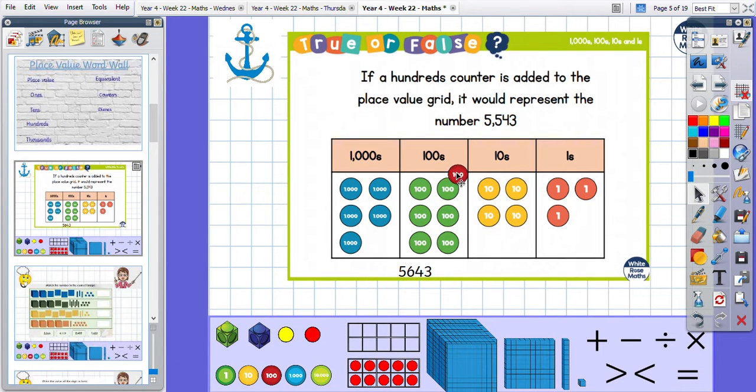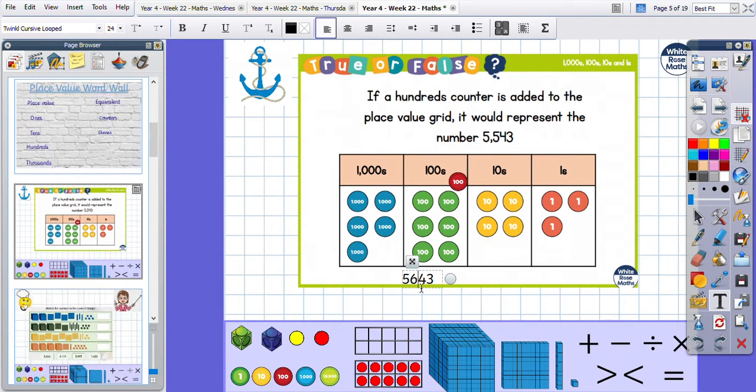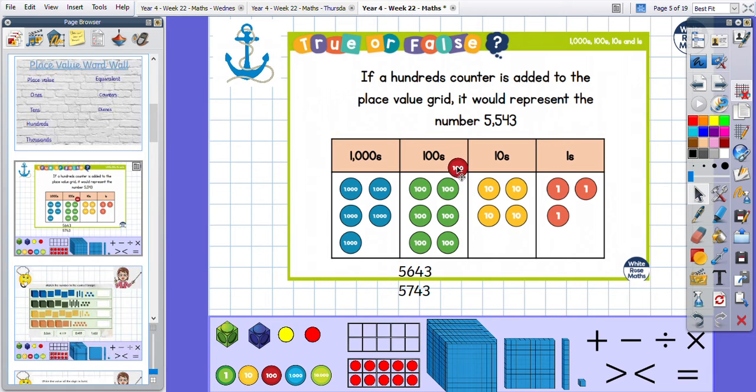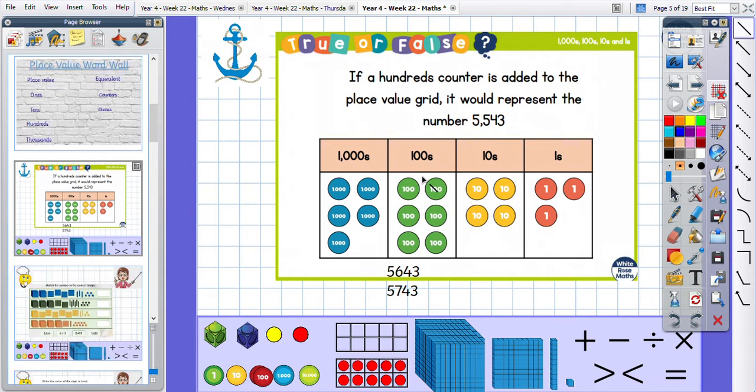So if we added another hundreds counter to this, then our hundreds column would change to 5,743 because we'd have 7 hundreds. So is this true or false? It is false because their number is 5,543. So what have they done with this hundreds counter? They haven't added a hundred. What have they done? They have taken away 100.